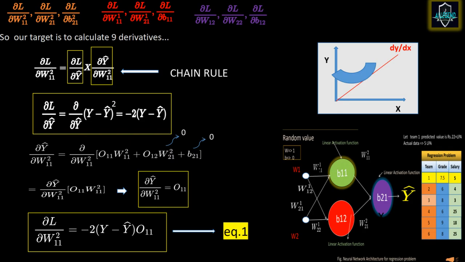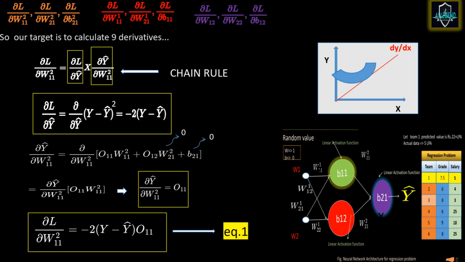∂y hat/∂W211 is equal to ∂/∂W211 of, inside the square bracket, O11 multiplied by W211 plus O12 multiplied by W221 plus B21.